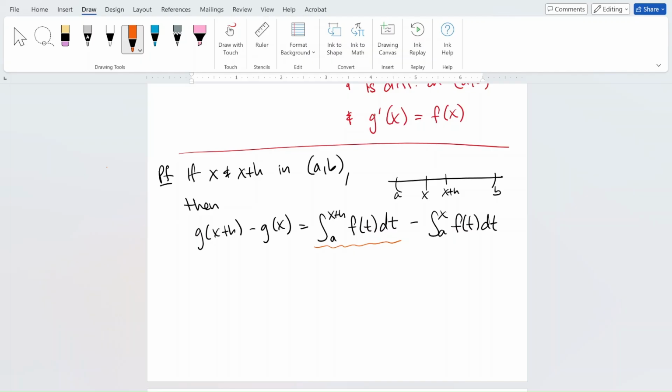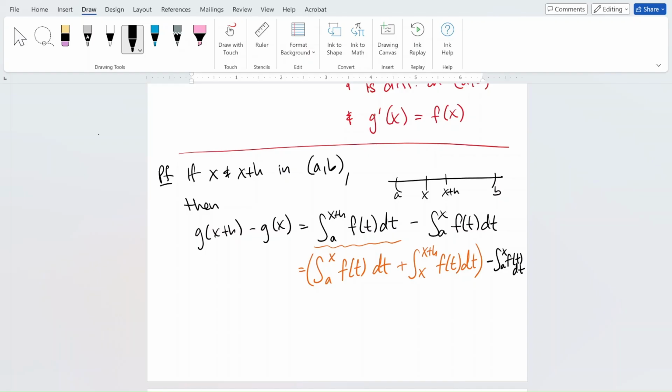When you want to find the area under the curve, sometimes it might be easier to break it into smaller pieces, such as the integral from a to x of f of t dt plus the integral from x to x plus h of f of t dt, and then minus the integral from a to x of f of t dt right there.